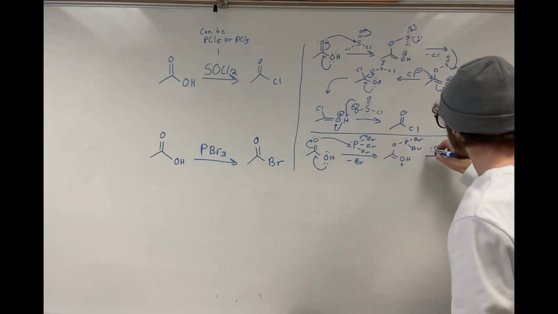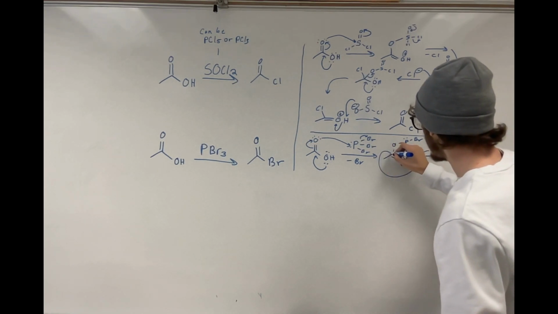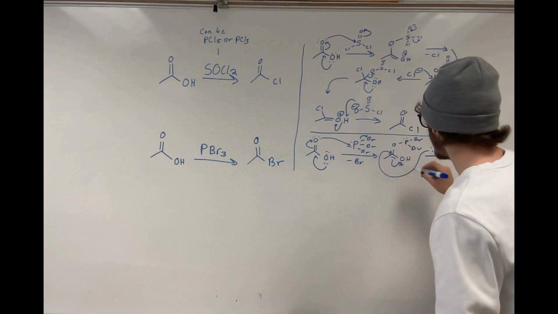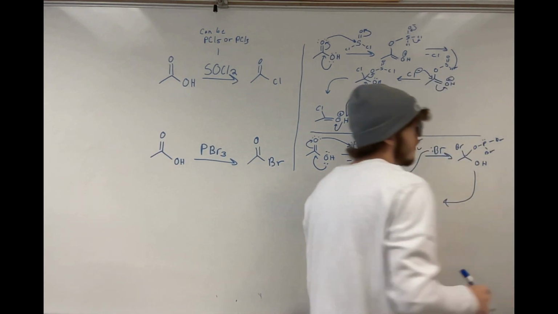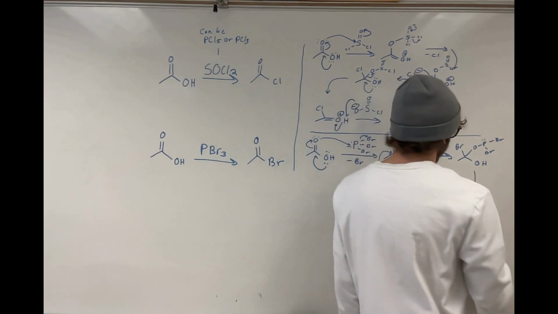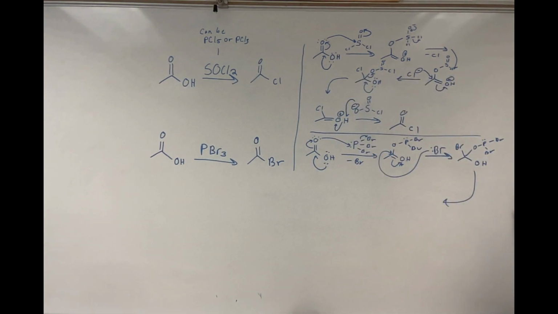So the bromine that just left is going to come back by the proximity effect, attack the carbonyl, and make a hydroxyl group. So we get this here. Our next step is that carbonyl.